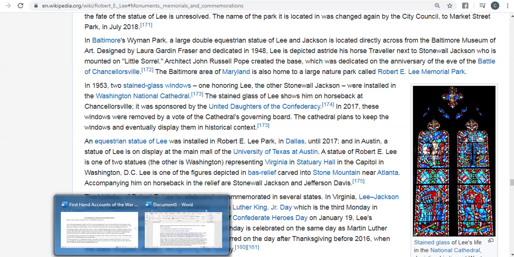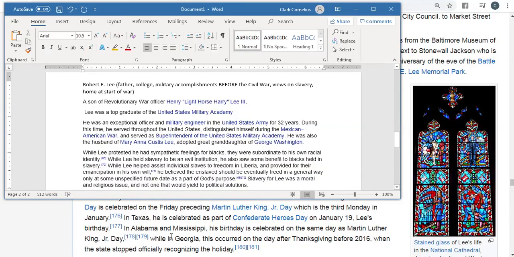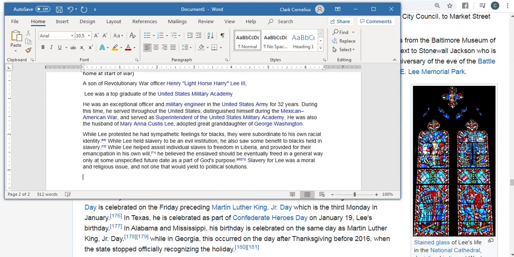So I'm going to put back in here, his home was Arlington, which is now our national cemetery.